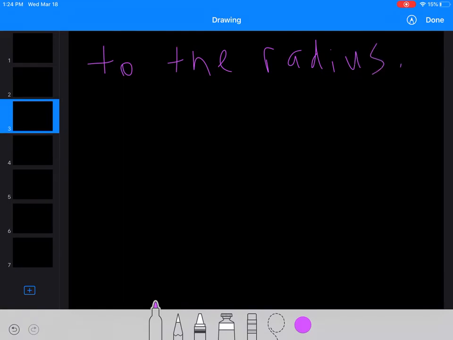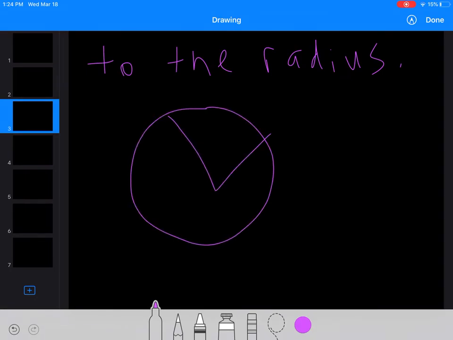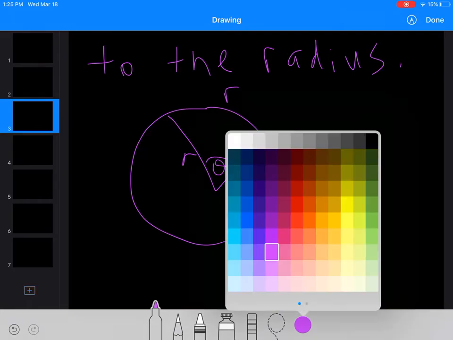Okay, so if we have our circle again, what that's saying is, this is not drawn to scale, but the central angle, theta, theta is just the variable for angles, especially when we're dealing with radians. Theta is used a lot. That theta is equal to that arc length of r.